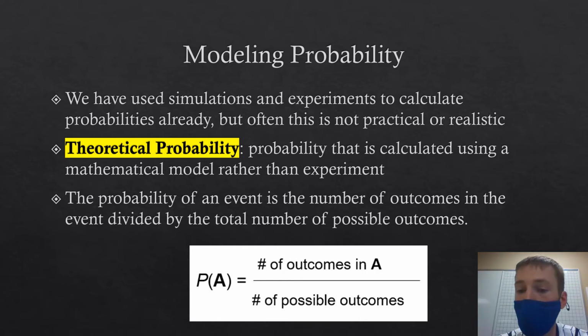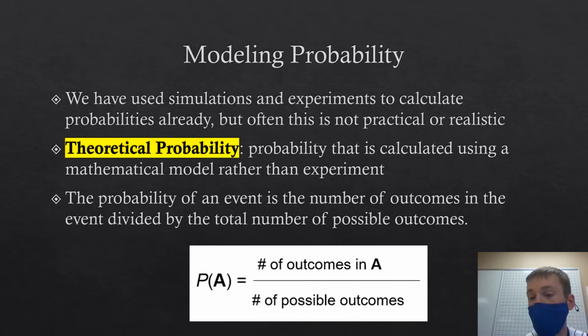So typically what we shoot for is what's called the theoretical probability. And this is a probability that is calculated using a mathematical model rather than an experiment. So instead of flipping that coin, we're going to crunch some numbers to figure out what that probability would be. And in general, the probability of an event A, that's our notation here, P of A, is equal to the number of outcomes in A divided by the possible number of outcomes on the bottom.